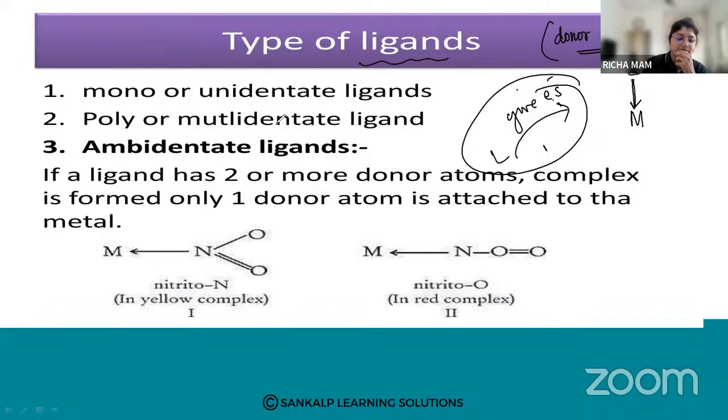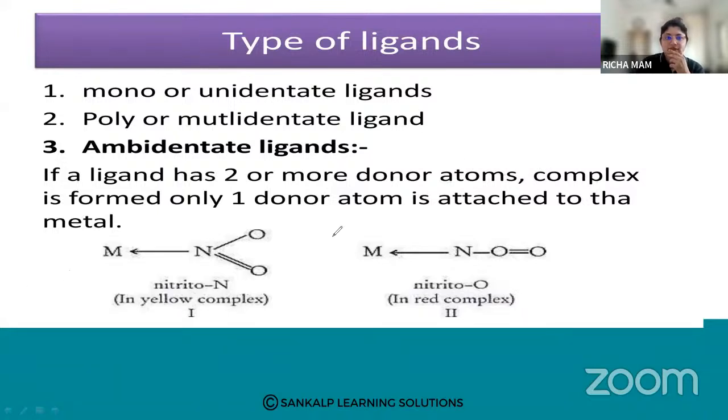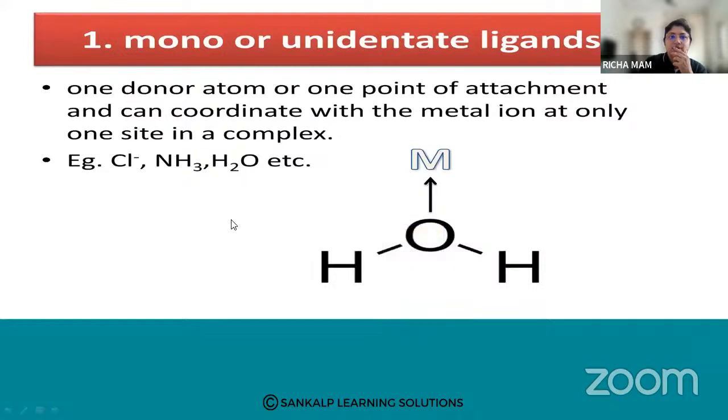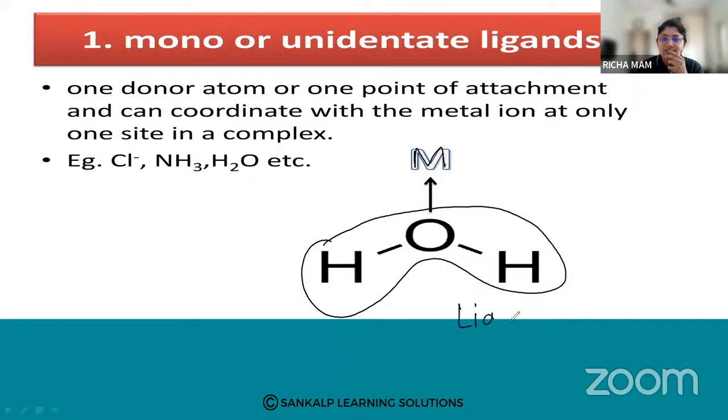Let us see monodentate ligands first. A ligand which is bound to a metal atom or a metal ion through a single donor atom. This is a metal and H2O is your ligand. In the ligand, the oxygen is the donor atom, giving the pair of electrons to the metal.